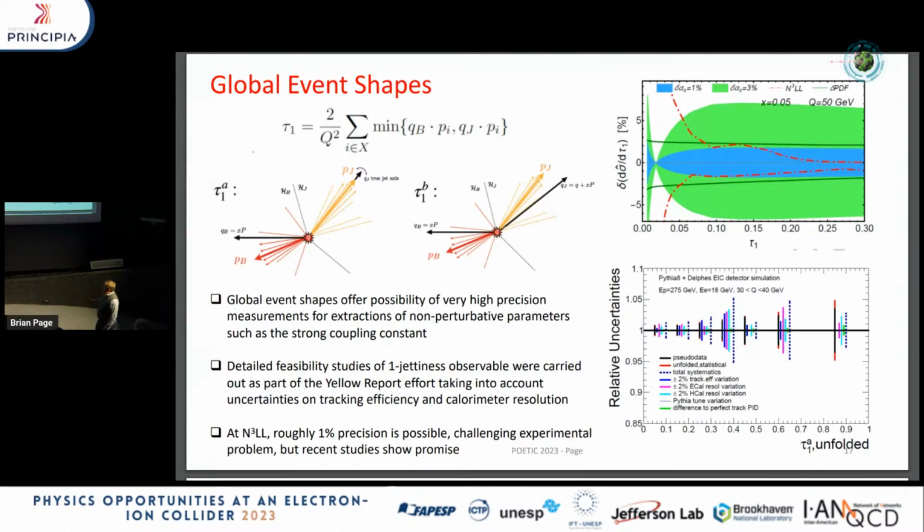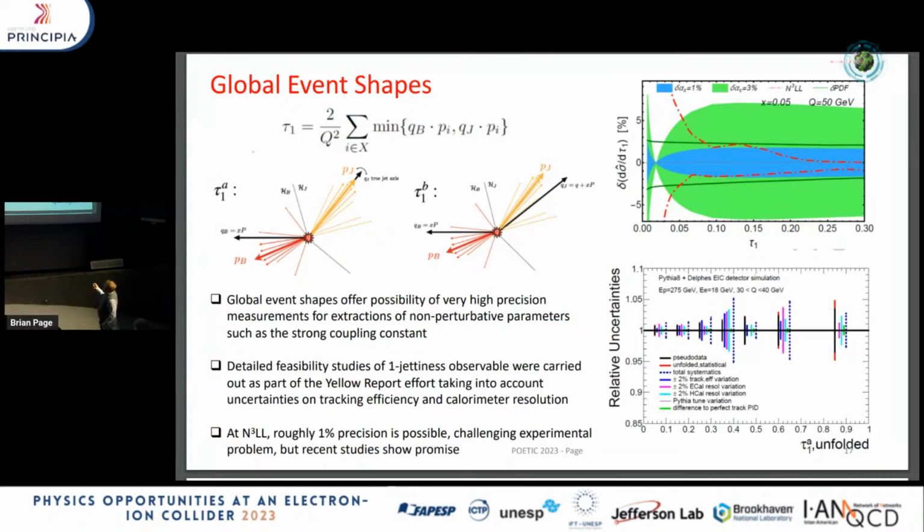These kinds of observables offer very high precision measurements that allow you to look at various non-perturbative aspects, such as the strong coupling constant. In the yellow report, we did a pretty thorough breakdown of how well we can measure these things given various experimental uncertainties.